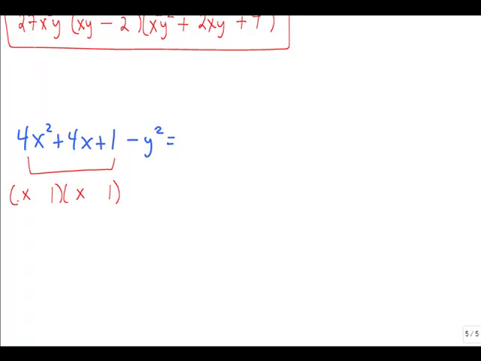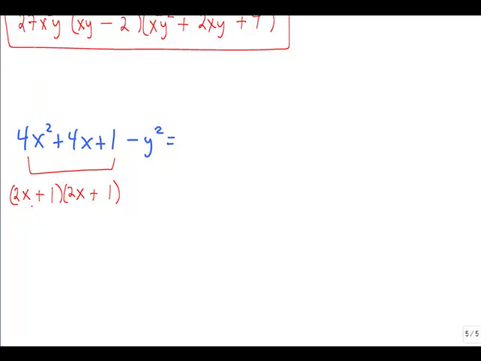So if we try to fix our numbers in front of these x's, you can hopefully see that I would need a 2 times a 2 to get that 4x squared, and then in the middle I'll get a 2x plus a 2x, and when I make both of those positive, I will get that 4x in the middle that I want. So I can make both of these pluses, and that will make this factor into the first 3 terms of the original problem.